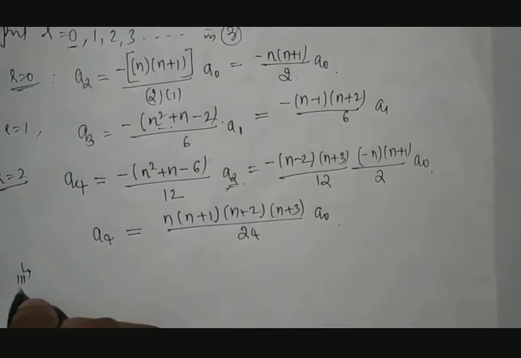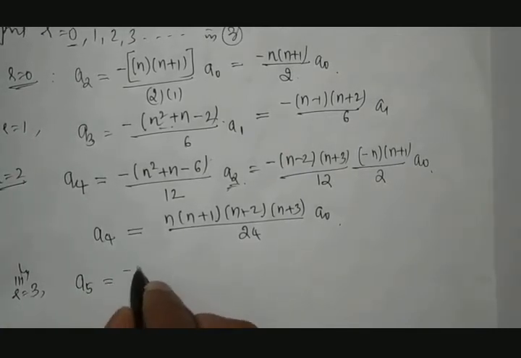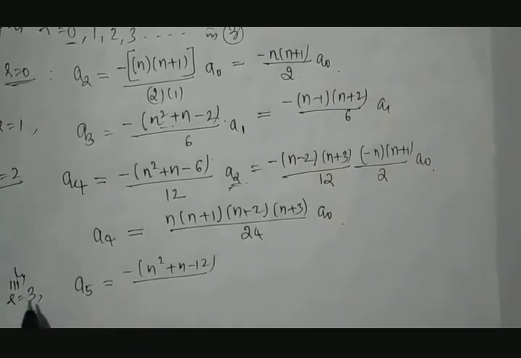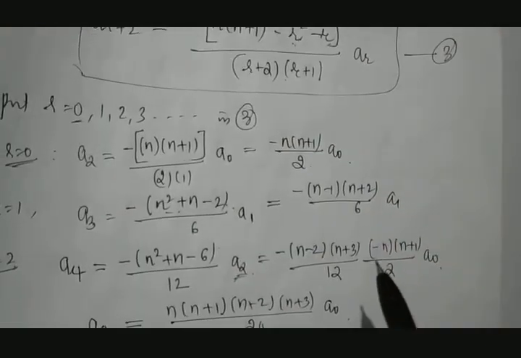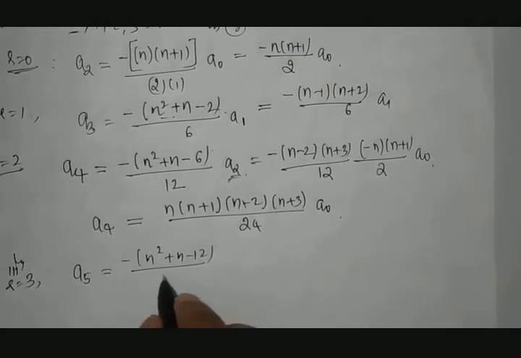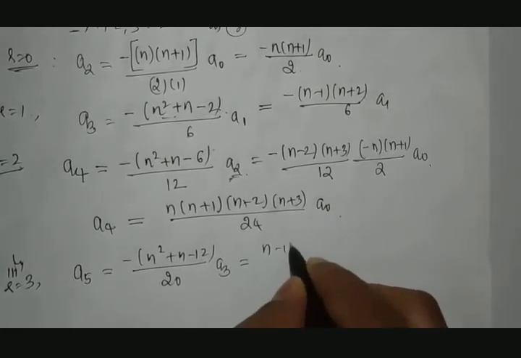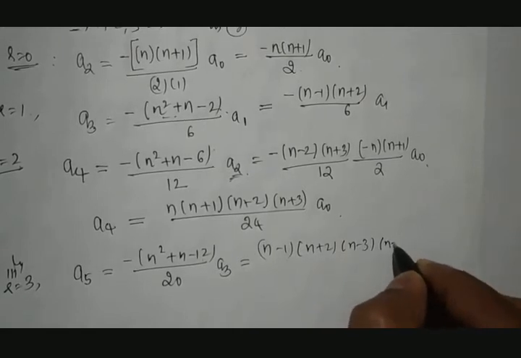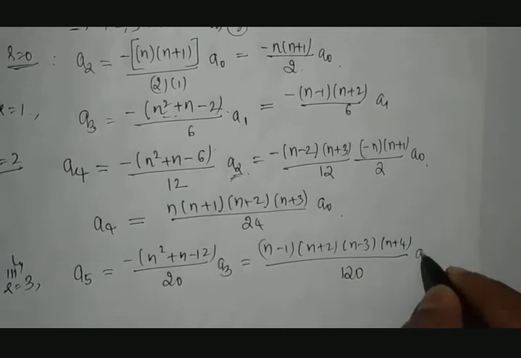Similarly, put r is equal to 3, that is A5, that is minus n square plus n minus 12. Means here if you put 3, then it becomes 3 square minus 9 minus 3, so it becomes minus 12. Fine. Divided by 20 into A3. Therefore this is n minus 1 into n plus 2 into n minus 3 into n plus 4 and so on, divided by 120 into A1.